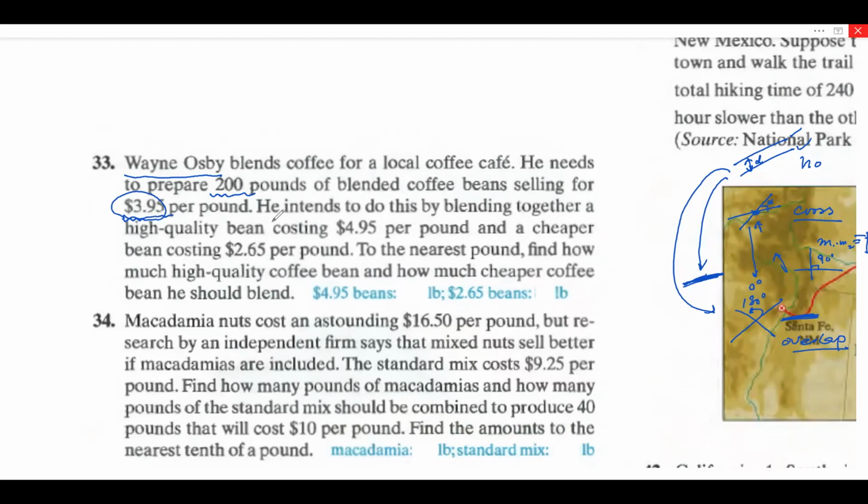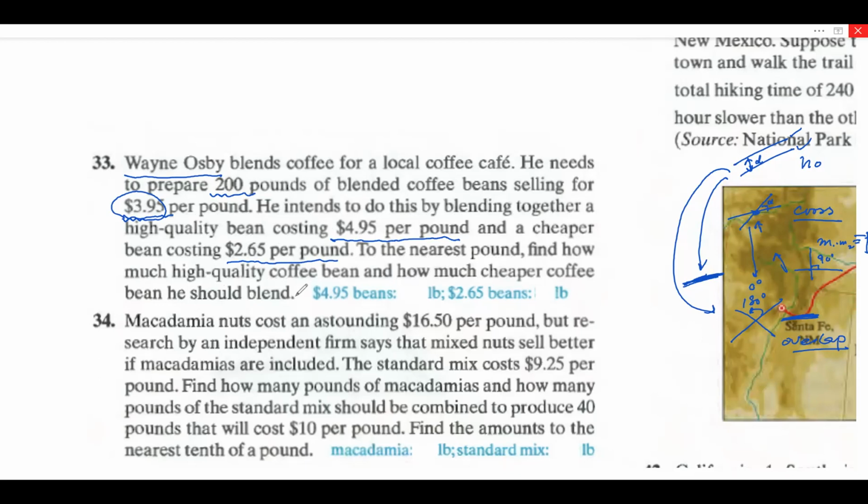He intends to do this by blending together a high quality bean at $4.95 per pound and a cheaper bean, which costs $2.65 per pound. To the nearest pound, find how much high quality bean and how much cheaper coffee bean should be blended.